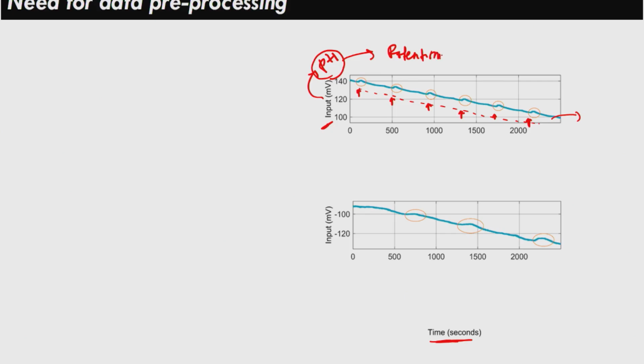In potentiometry we are measuring the OCP, open circuit potential, and this OCP has a linear drift to it. If you are making a wearable pH sensor, or an implantable pH sensor inside the body, you will get this kind of signal and you will have some drift here. So, you cannot directly interpret the pH just by looking at the voltage signal. You have to remove the drift, and then you can do some sort of interpretation.